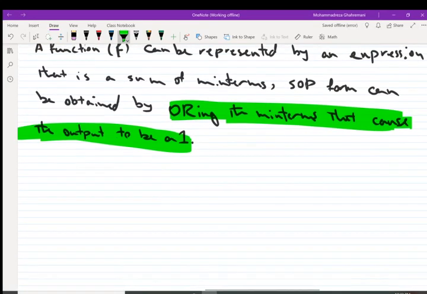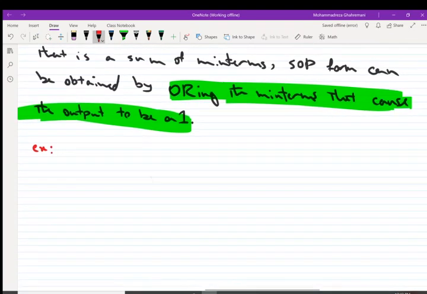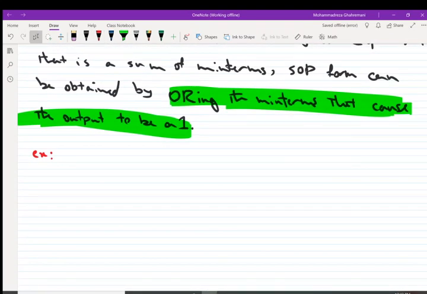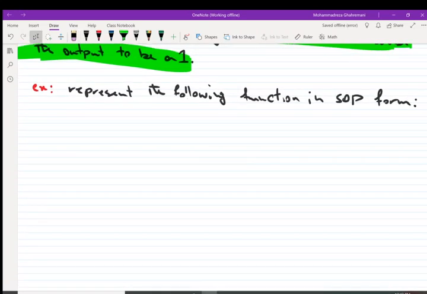Okay, let's see one example. We want to represent the following function in sum of product form. The function is given in the form of a truth table.